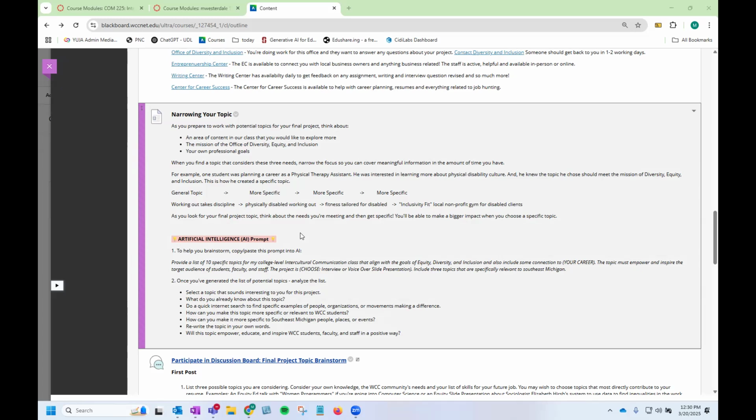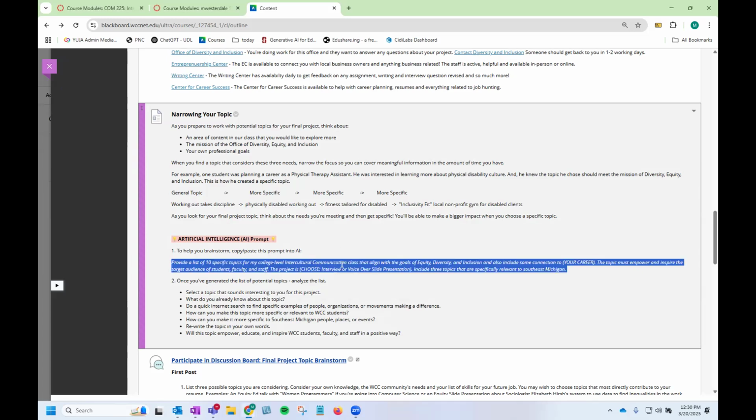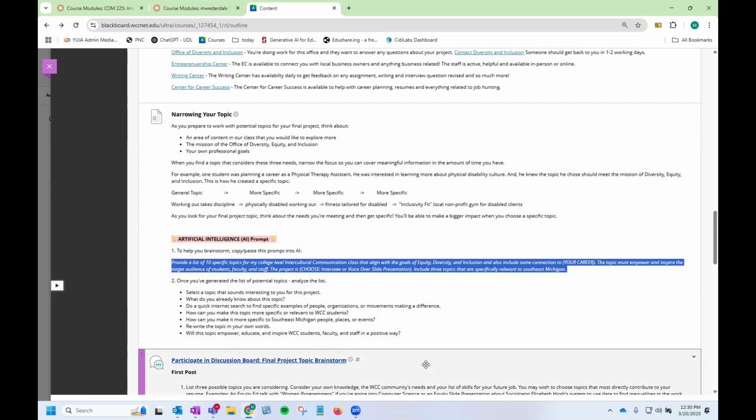So what she did is give them, down here, some specific language to put into ChatGPT. Because what we were finding, and this was in some of our other courses, especially our literature ones, is that it's like, write a paper, and the students just put the prompt in, they get the whole paper, they turn it in. And at the end, they don't know enough to even be analytical about whether this paper's right or wrong.